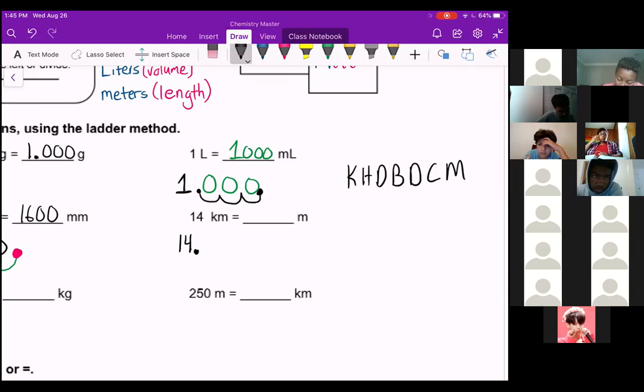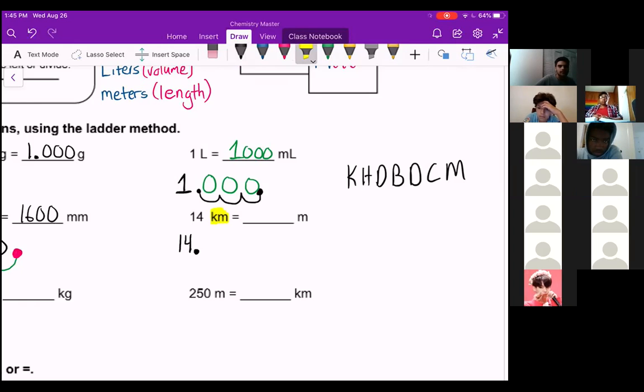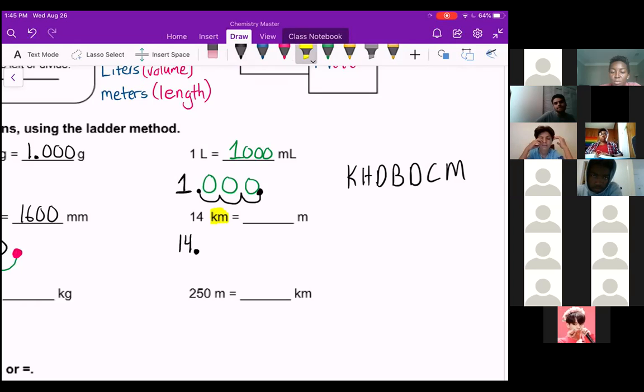Okay, so this says KM. The first letter is what, Cameron? How about Whitney? What's the first letter? What box would we be starting in? Kilo. Kilo, all right.